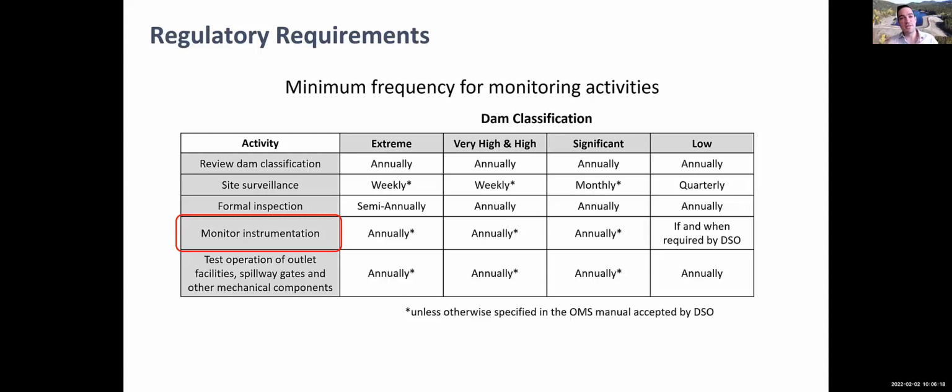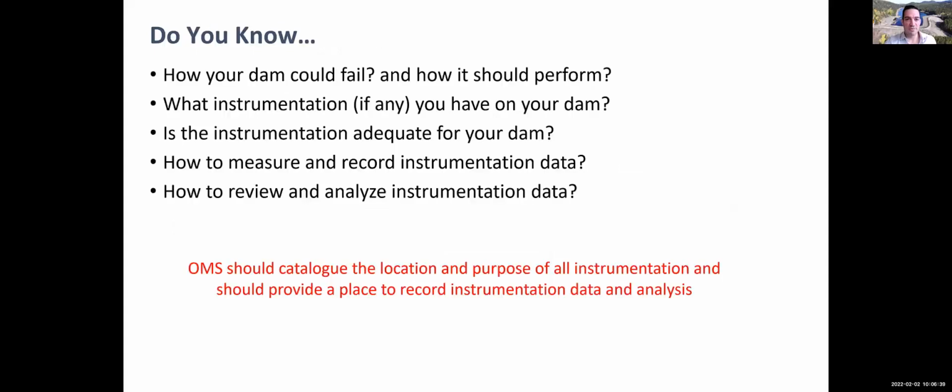So those are the things you want to put in your OMS. But you may have a more complex dam where you have more instrumentation and it needs to be done more than annually. You need to be collecting this every time you're surveilling your dam. It could be weekly, or maybe it's continuous, depending on the instrumentation you have. We're going to talk about all this a little bit more as we go on today. So these are just some hypothetical questions.